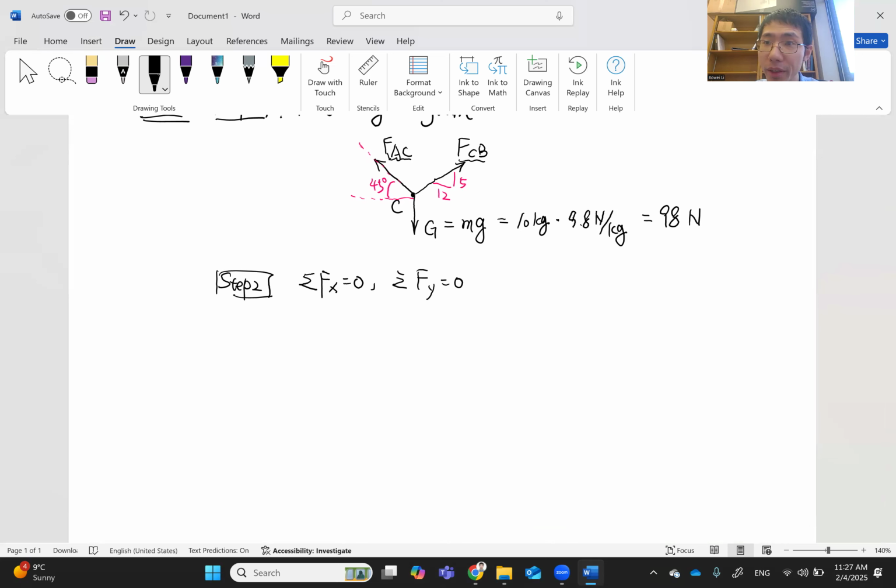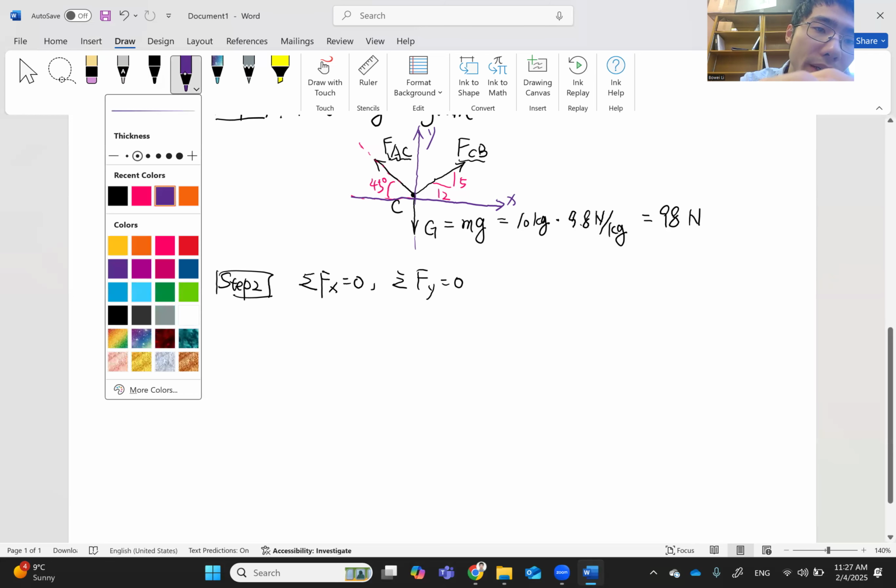That means we need to decompose the forces that we have. It is helpful if we include the x-axis and y-axis. Typically, the x-axis is along the horizontal direction and the y-axis is along the vertical direction here.